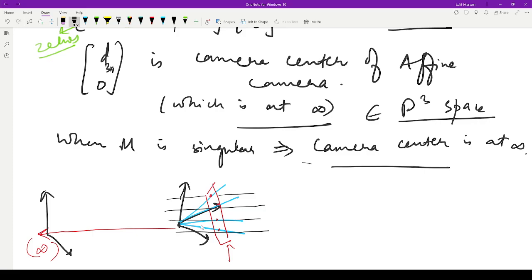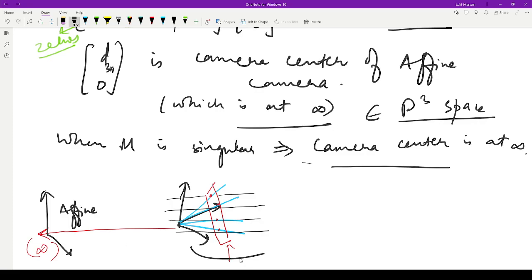If we assume the sun is a point-sized object, then it's coming out at some angle, but since we are so far away we can approximate it as parallel lines. The same holds for the affine camera. So this camera center lies at infinity.